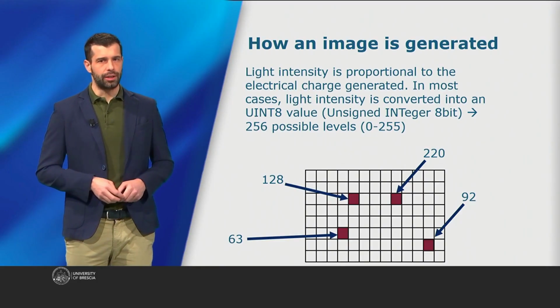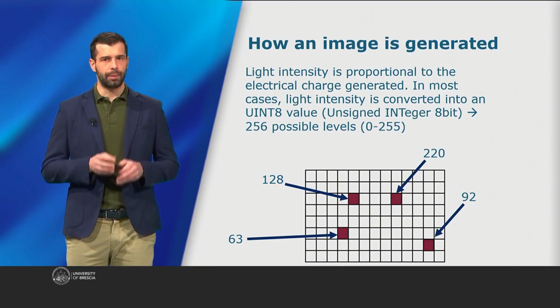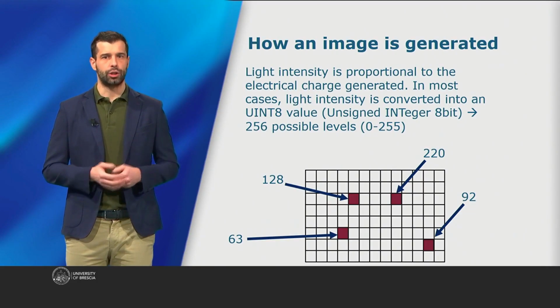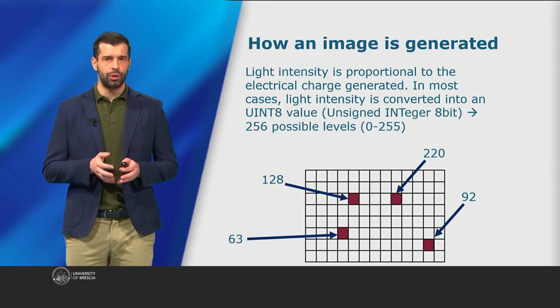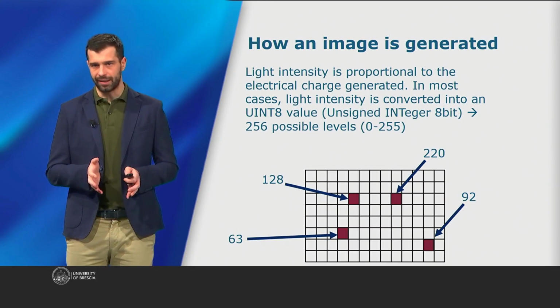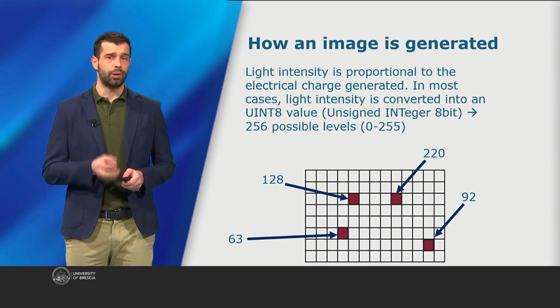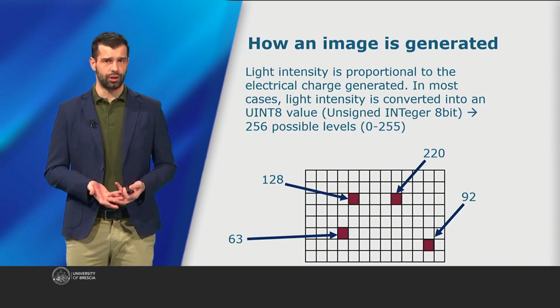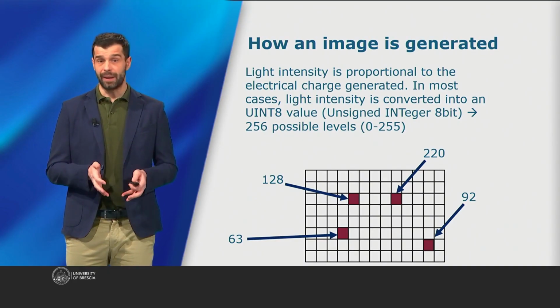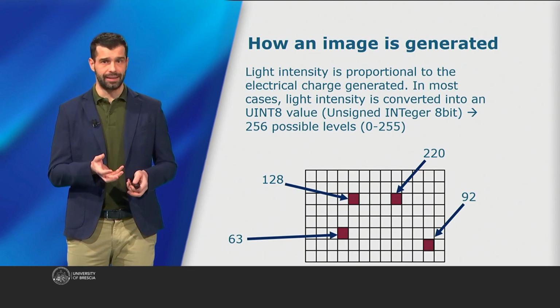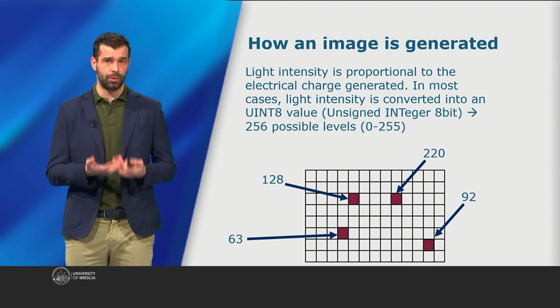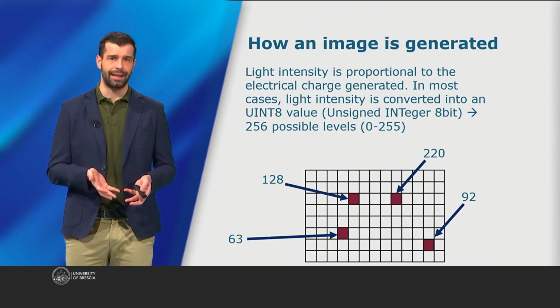The electrons present on the pixel at this point will be converted by the control electronics, which is also inside the camera, into a digital number, usually 8 bits, but not always. That will still be proportional to the number of electrons present. By transitive property, then, this 8-bit digital number will also be proportional to the number of photons that hit the camera in the first place.